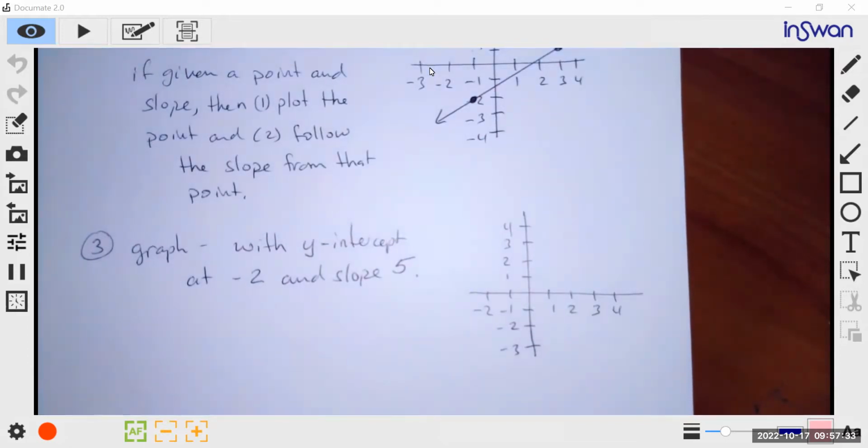In order to draw a graph, we have to have either 2 points or a point and a slope.